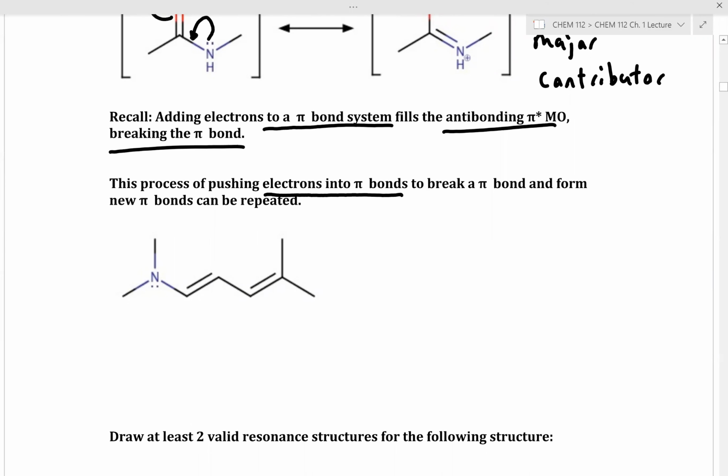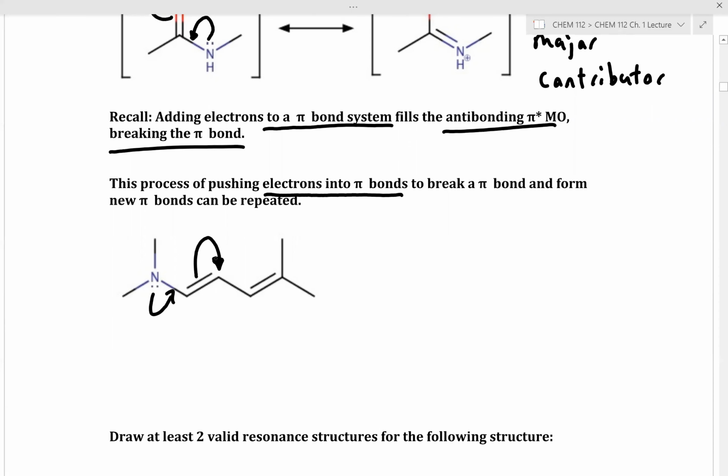So first, I have a lone pair adjacent to a double bond. So can I kick my lone pair down to form a new double bond? Yes. So I'm going to take this lone pair, kick my lone pair down. When I form this new double bond, what happens to my existing double bond? It breaks, and the electrons get kicked up to the atom involved in that double bond.